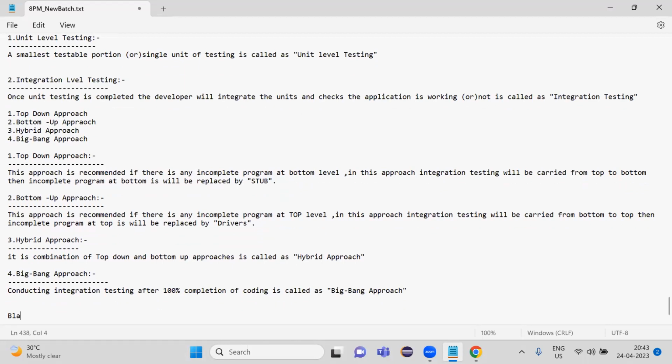Coming to the second one, black box testing.